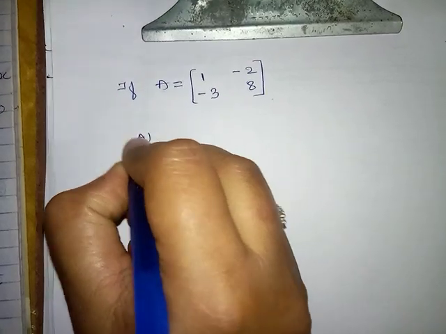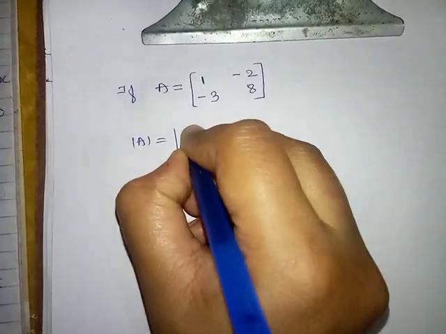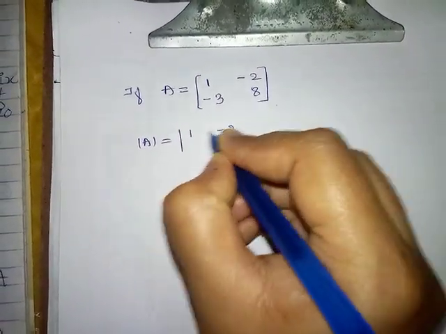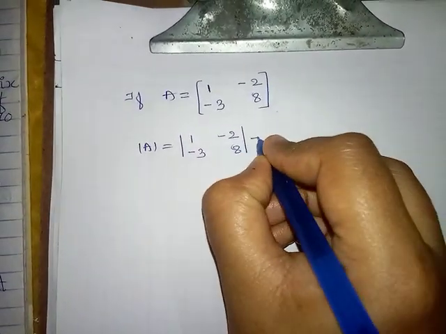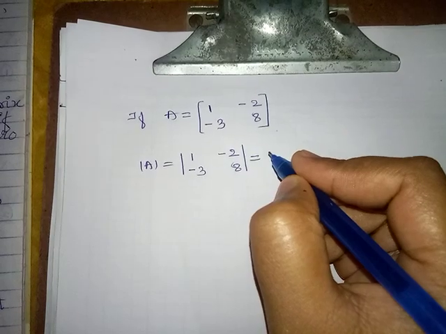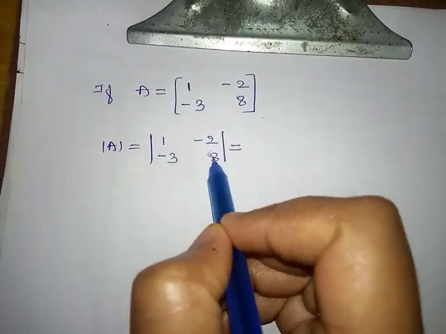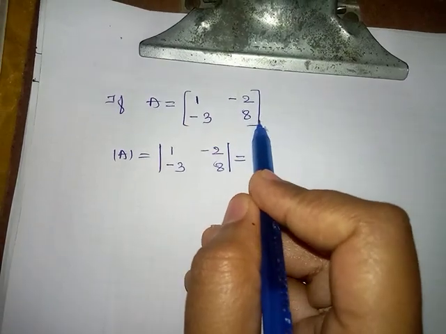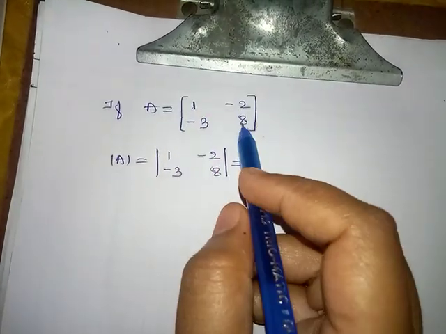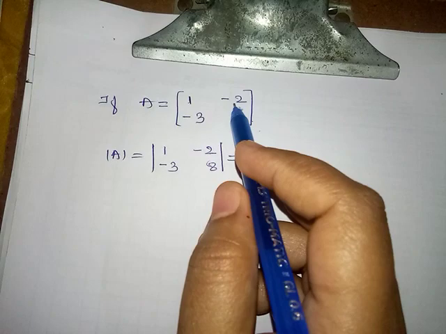That is, determinant of A is equal to determinant of this matrix [1, -2; -3, 8], which is equal to, multiply these two elements in this matrix. These are the diagonal elements. Since it is a square matrix, we have diagonal, and 1 and 8 are diagonal elements for this matrix.